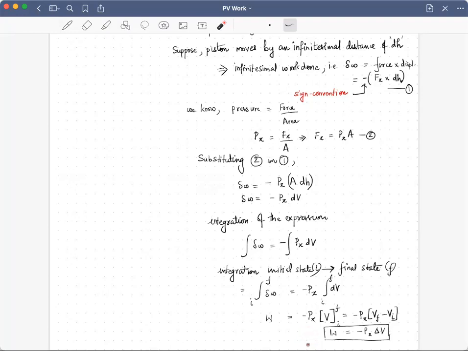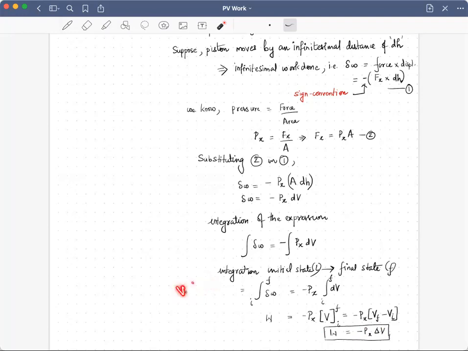It's a very useful expression which we are going to substitute when we talk about the different laws of thermodynamics. And here you can see that the sign conventions are well obeyed. Suppose the volume is expanding from V1 to V2.